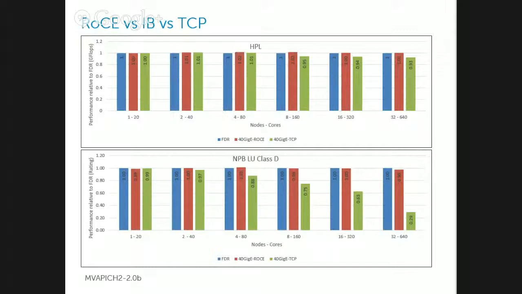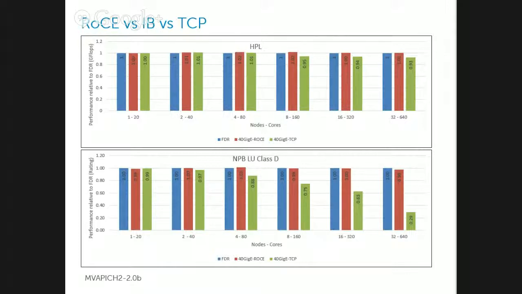If you look at the NAS parallel benchmarks, LU, the story is a little different. RoCE and FDR keep on par all the way to 32 nodes. As you'll see, all the data points are normalized with respect to InfiniBand, to see how much drop-off there is with different numbers of nodes.